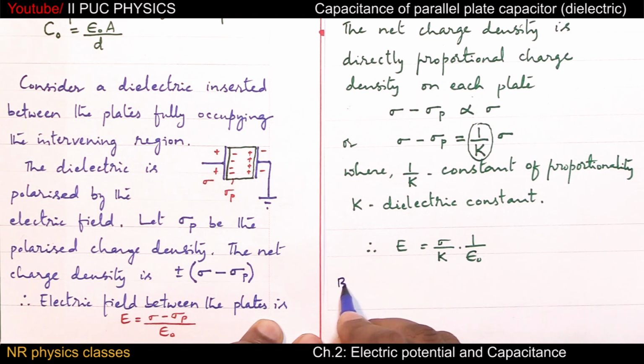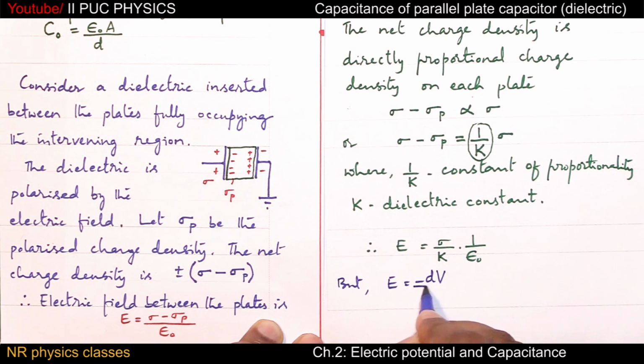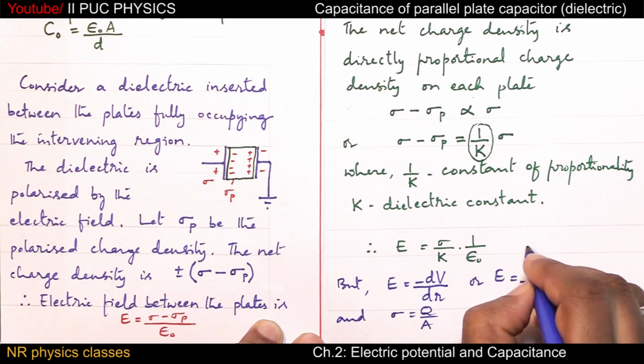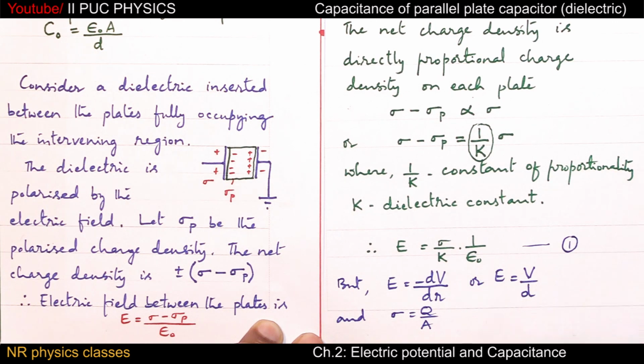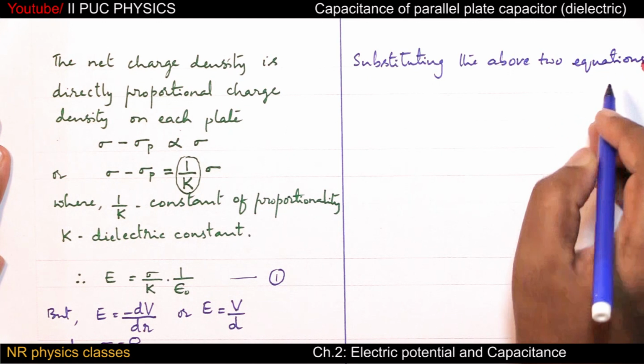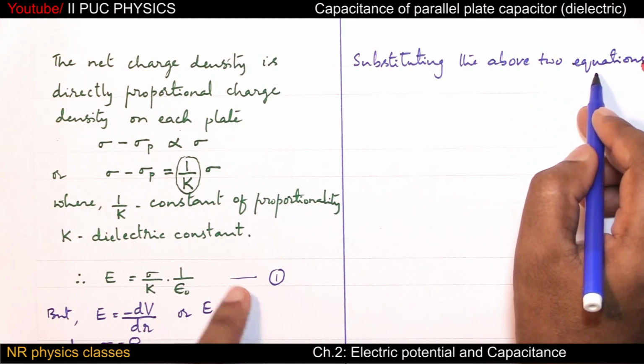As usual, electric field is minus dV by dr, or electric field equal to potential difference by distance between the plates, and sigma equal to charge by area of each plate. Let this be equation 1. Let us substitute these two equations in equation 1.